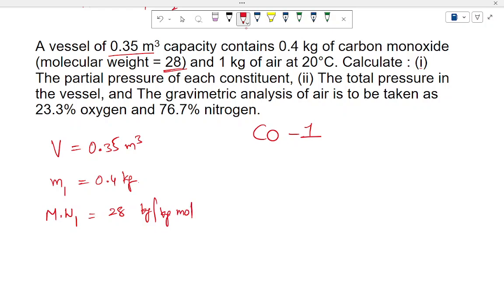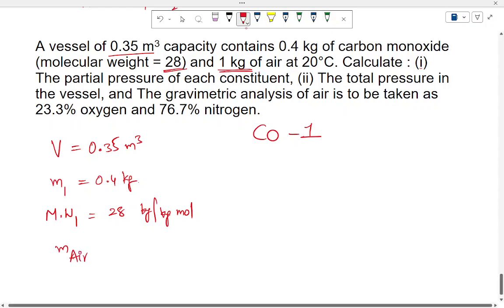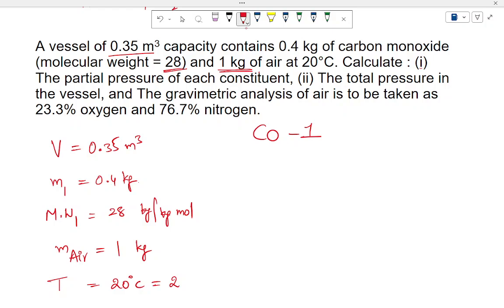And 1 kg of air is given, M of air, which is 1 kg. The temperature is given for the overall mixture, which is 20 degrees centigrade, and you should always convert it into Kelvin. So plus 273, you will get 293 Kelvin.